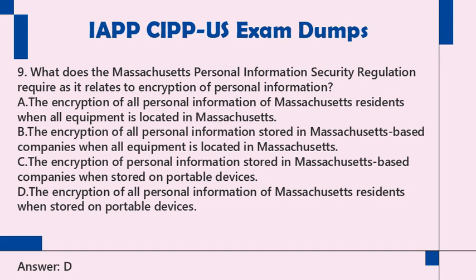B. The encryption of all personal information stored in Massachusetts-based companies when all equipment is located in Massachusetts. C. The encryption of personal information stored in Massachusetts-based companies when stored on portable devices. D. The encryption of all personal information of Massachusetts residents when stored on portable devices.